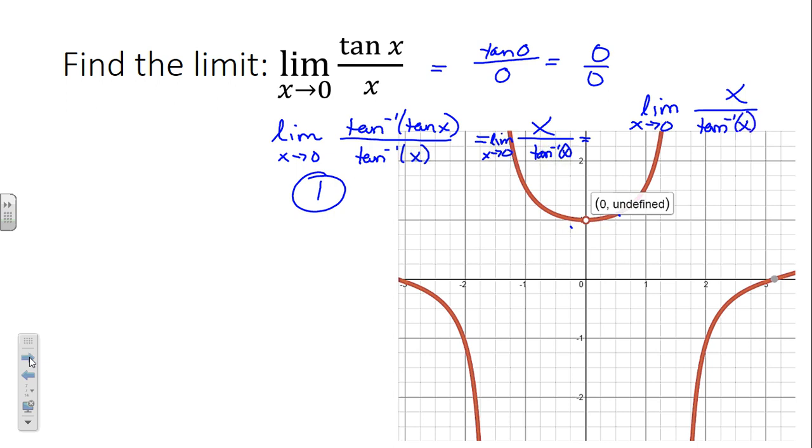When we plug in zeros for both places, the angle whose tangent is 0 is going to be 0 degrees or pi, but the inverse tangent is only defined in quadrants 1 and 4. So 0 is its answer. So we end up with a 0 on top and a 0 on the bottom, which still didn't help us algebraically. So we have to go graphic. Okay, questions on these? All right, here we go.